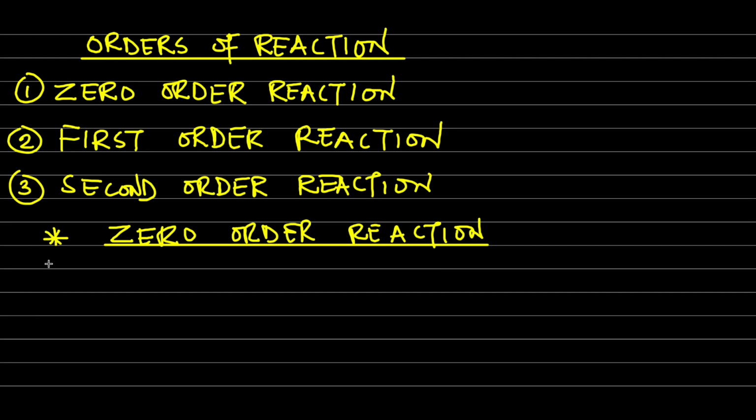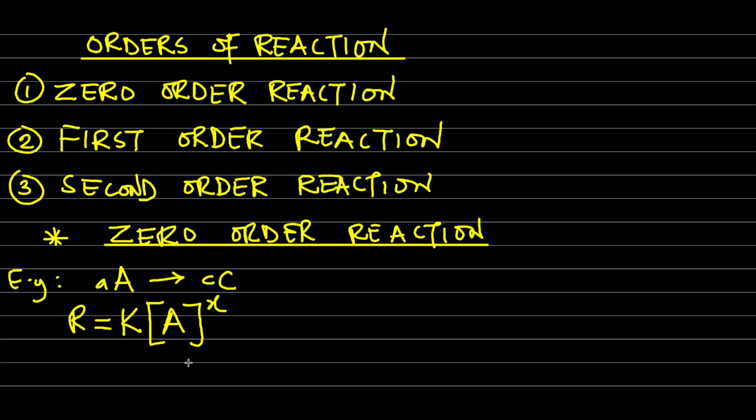So let's start with a reaction that has just one reactant. For example, if I have A giving me C, my rate law becomes R equals K[A] to the power x. If x equals 0, then we have a zero order reaction.